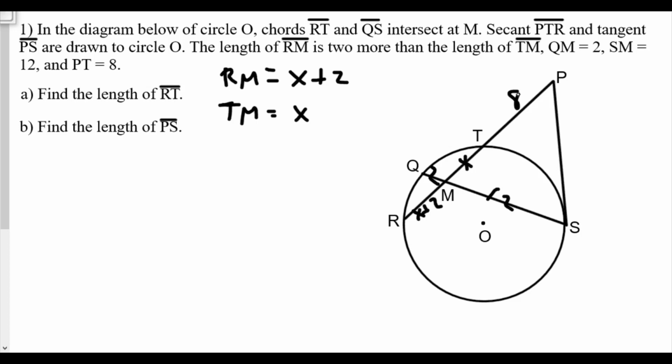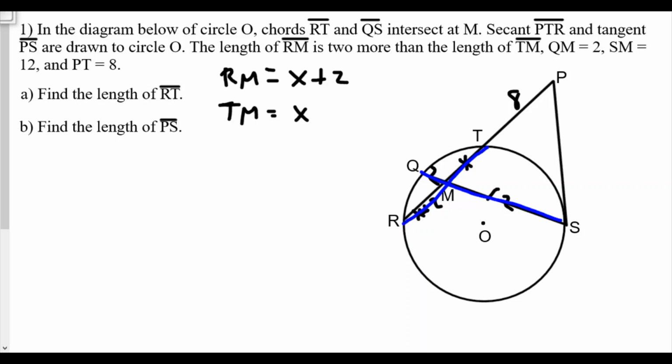So to find the length of RT, what we are looking at is when two chords, in this case QS and TR, intersect, the product of the pieces of one chord is equal to the product of the pieces of the other.